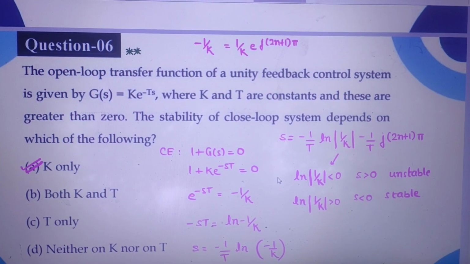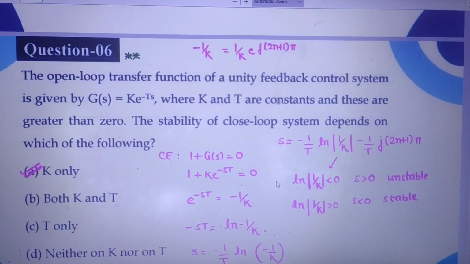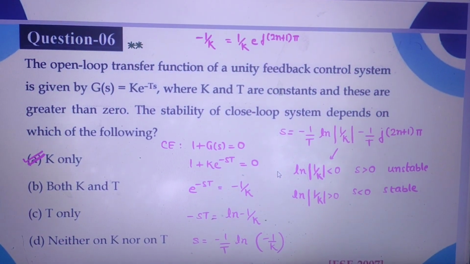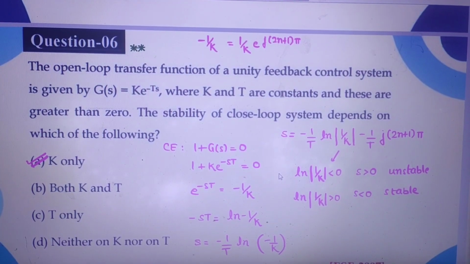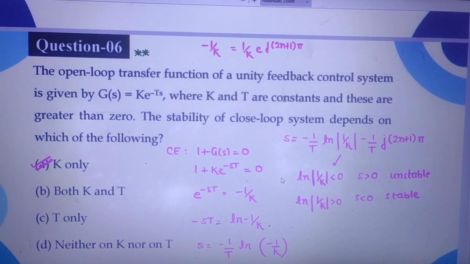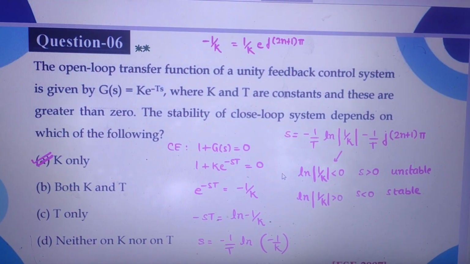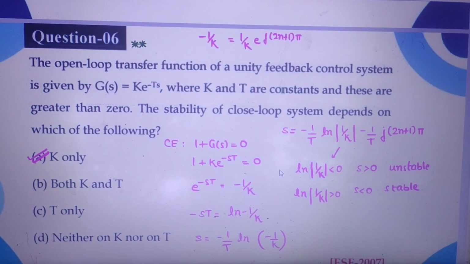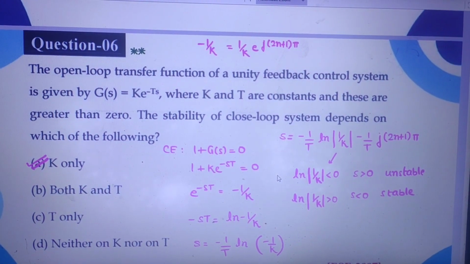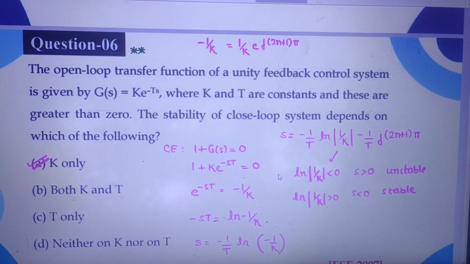Characteristic equation, you can write it as 1 plus G(s). You will get e power minus sT equals minus 1 by K. So s equals, you will get it as minus 1 by T ln of minus 1 by K. You can write this logarithm of negative 1 by K as s equals minus 1 by T ln of 1 by K minus 1 by T j power (2n plus 1) into pi.